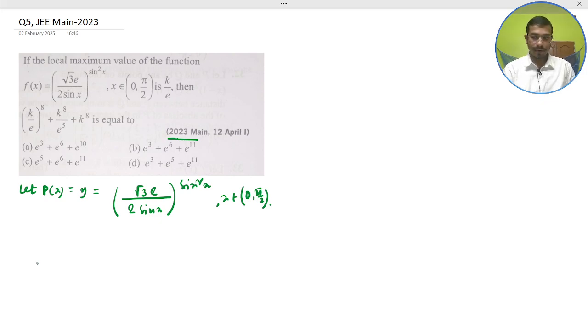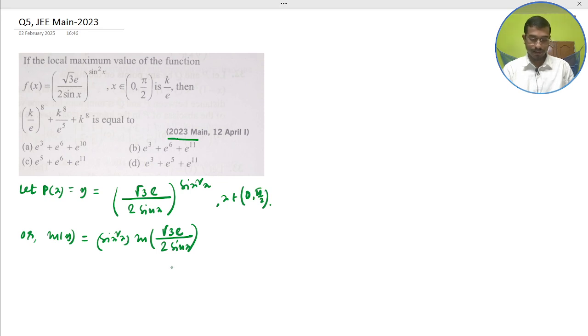So take ln both sides. ln y would be sin²x into ln of √(3e) divided by 2 sin x.